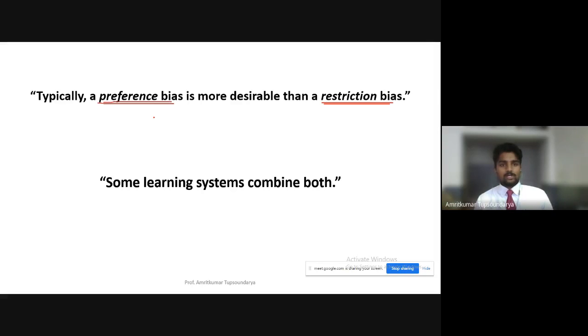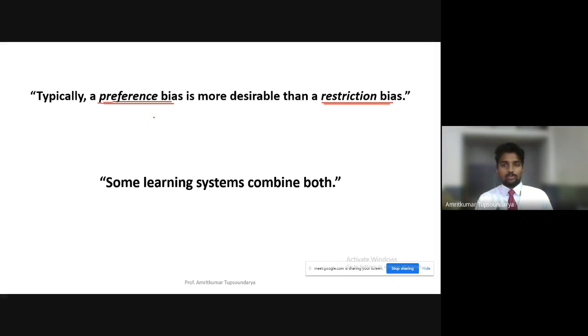It gives you a kind of preference. But why not restriction bias? Because restriction bias will only give you the restricted type of hypotheses that we have to process. And in that process, you can lose some hypotheses which can be very important while training a system, training a model, right?